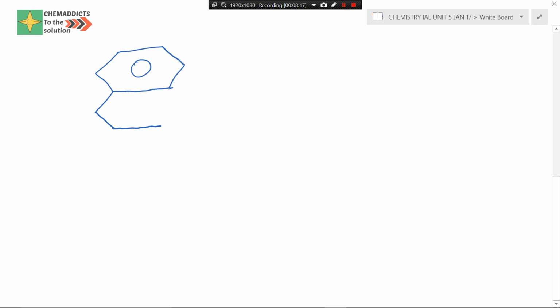This is a benzene ring, this is also a benzene ring. It has one hydroxyl group over here. So this is a naphthol.